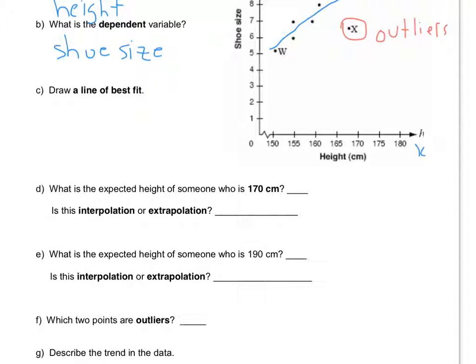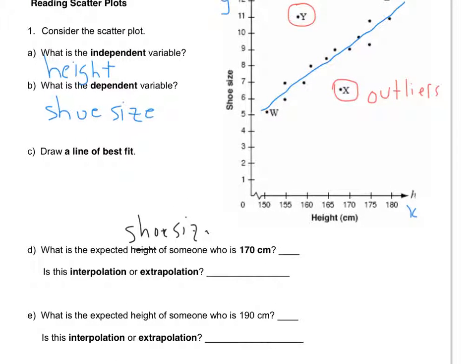First, we just have to fix these questions. The first one says, what is the expected shoe size of someone who has a height of 170 centimeters? So on your graph, again, take your ruler, find the height of 170, which is here.